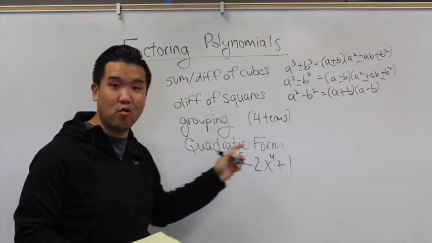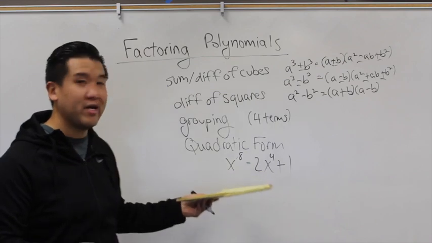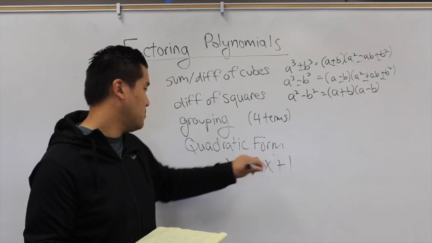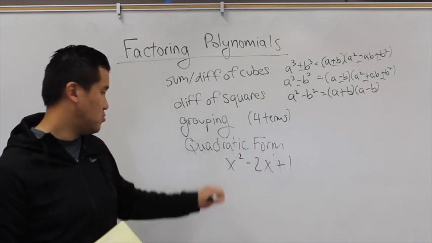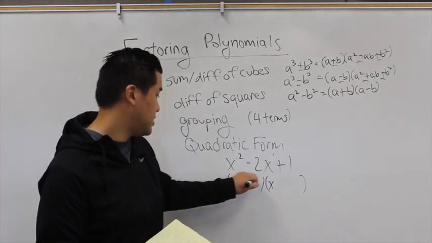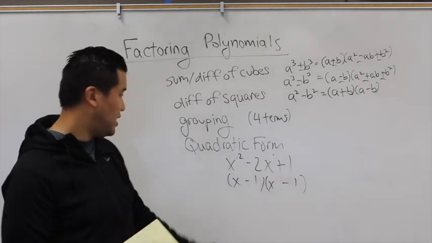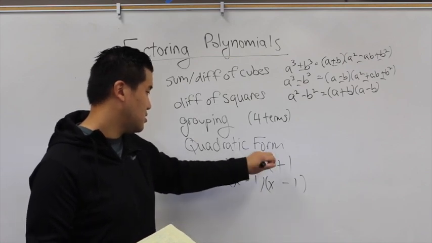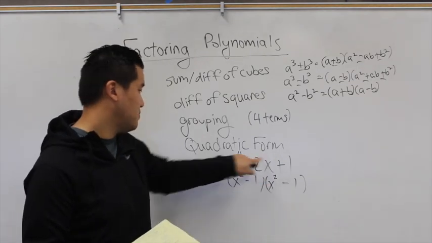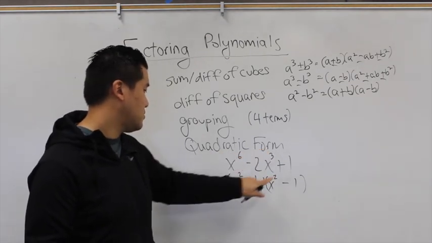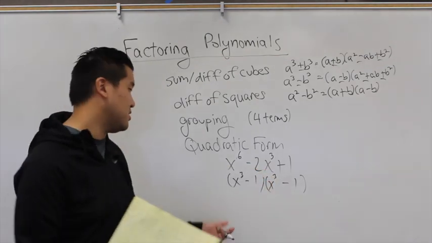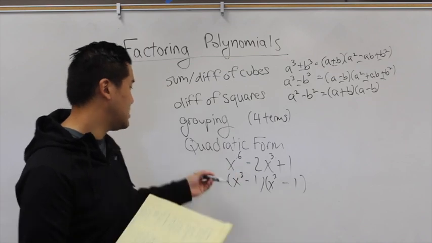You can see that I'm jumping by 4 or jumping by 3, but still a trinomial, then we can use quadratic form. So then the question becomes, well, how do you do a problem like that? Well, if you factor this using guess and check, you get what? Minus 1. But if I change it to squared into the 4th power, you get squared and squared. If I change it to 3 and 6, then you get 3 and 3. But then the math itself is the same. Nothing changed on that part. All right, so that's an example of quadratic form.